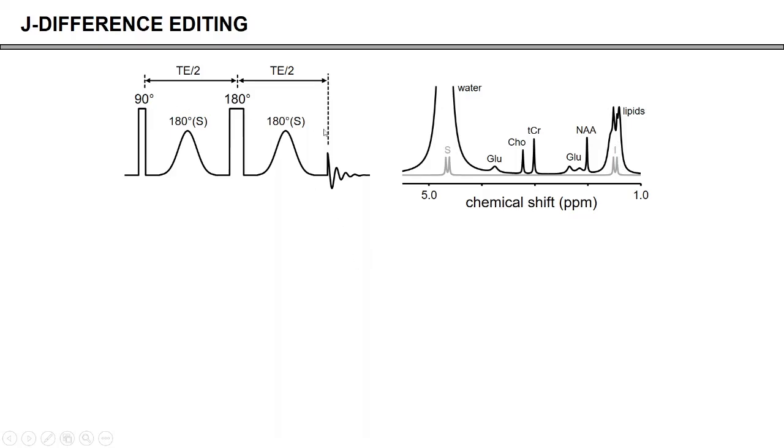If we now run this sequence, first the non-selective spin echo, you get this spectrum, in which the non-coupled spins are all up and positive, and the I spin is negative. The S spin is lost because of water suppression.